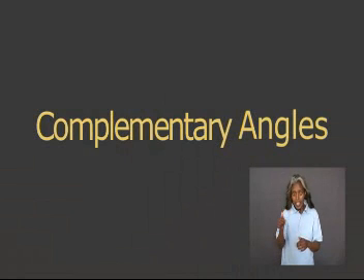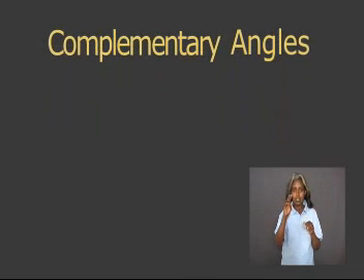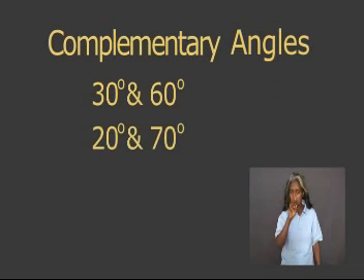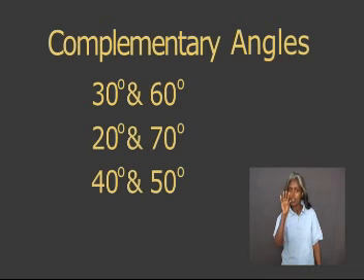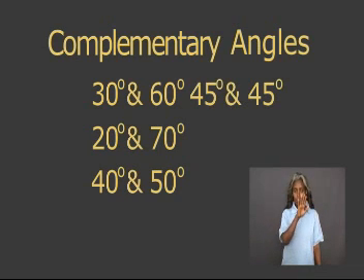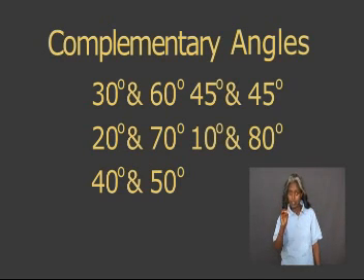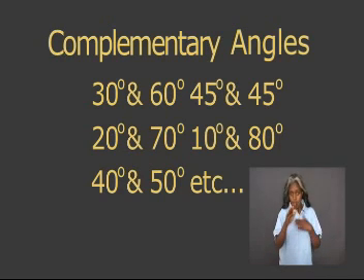Any two angles are said to be complementary if the sum of their measures is equal to 90 degrees. 30 degrees and 60 degrees, 20 and 70, 40 and 50, 45 and 45, 10 and 80, and so on. All are complementary angles.